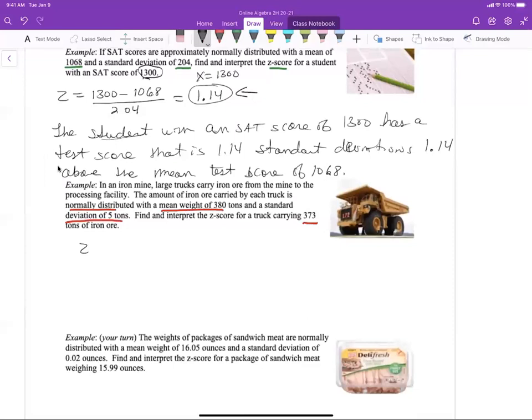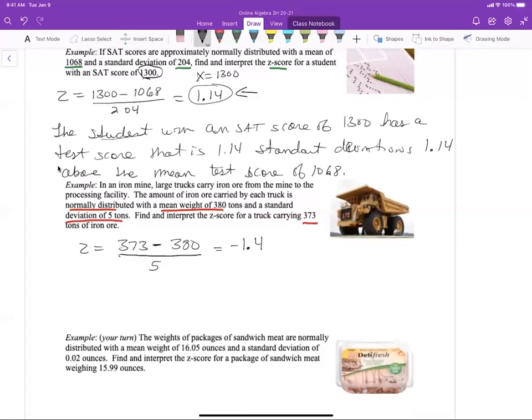So the equation for the z-score is the measurement of interest, which was 373 tons of iron ore. We have to subtract the mean, which was 380, and divide by the standard deviation, which was 5. And if I calculate that, I will find my z-score to be negative 1.4.